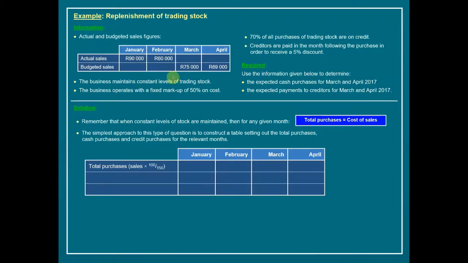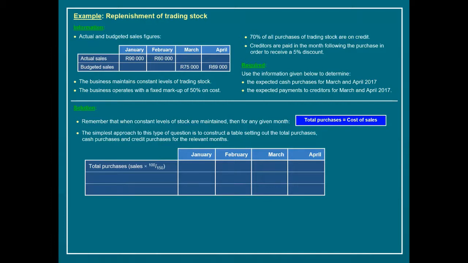In this case, since we have a 50% markup, whatever our sales is, we have to multiply by 100 and divide by 100 plus markup, which is 100 plus 50, which is 150. Obviously cost price is lower than the selling price, so we have to divide by the bigger number to decrease prices.